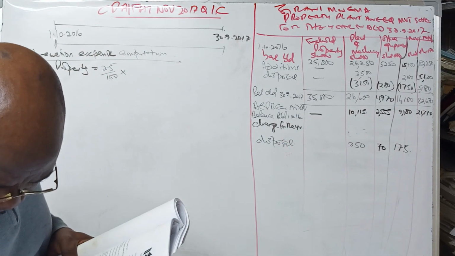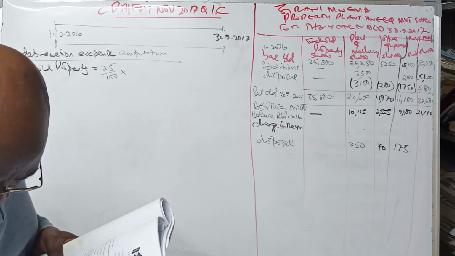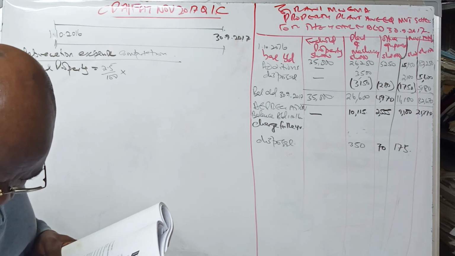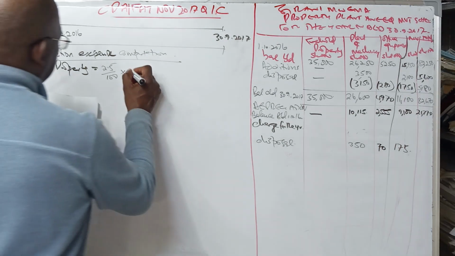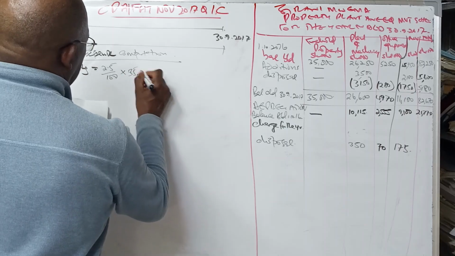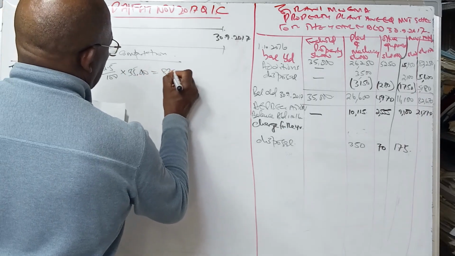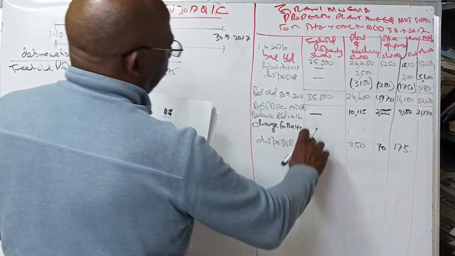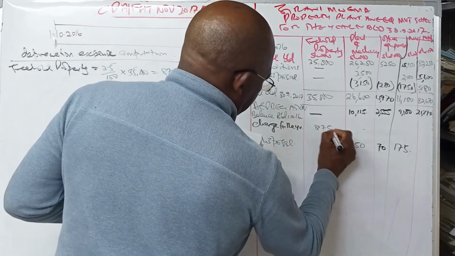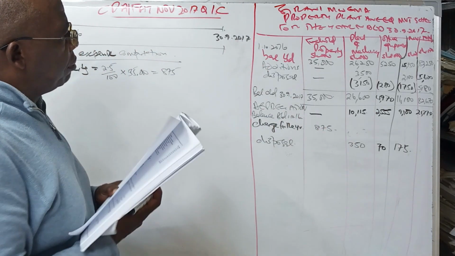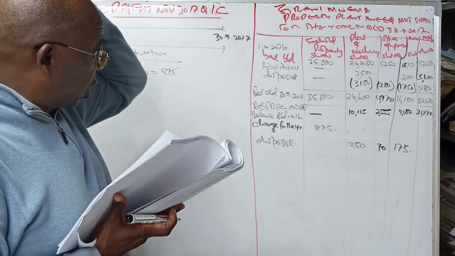So 35,000 times 2.5 divided by 100, we get a figure of 875. So the charge for the year, for the first time for the freehold property, is 875. Then we go to plant and machinery.